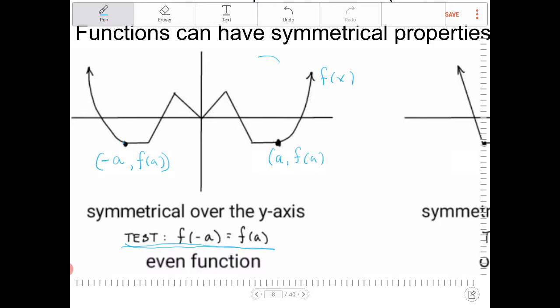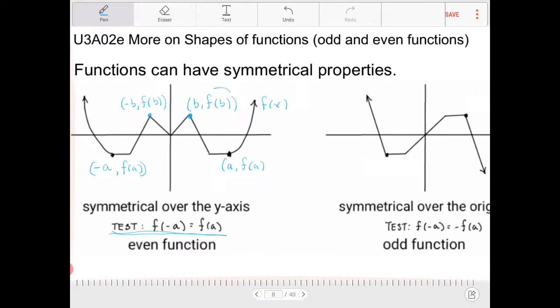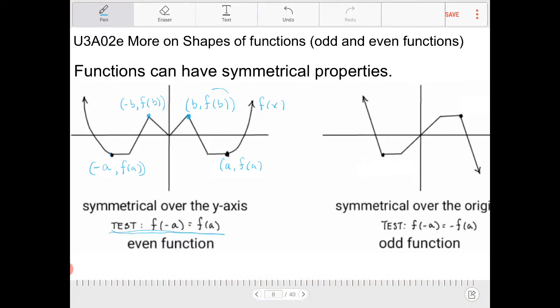It's the same exact y coordinate. So that's what this is saying. And algebraically, this has to be true. Let's say if I call this b and this is f of b, then on this side over here, negative b, it has to be f of b as well. So that's what it means algebraically for a function to be even.